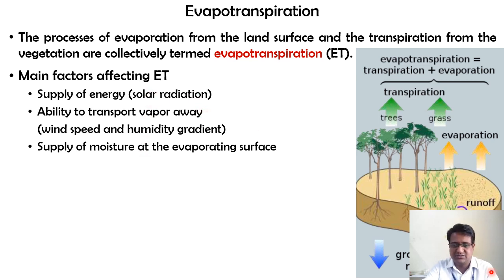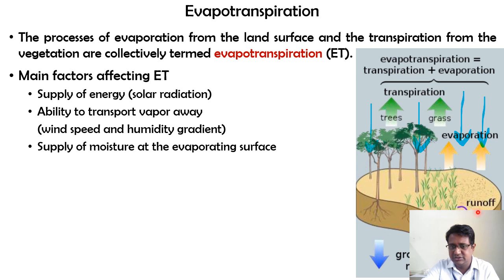If you check out this particular figure, regarding evapotranspiration, here also they have said it is transpiration plus evaporation. Let us see practically what actually happens here. Imagine this is the amount of rainfall that is falling on this particular ground shown over here.